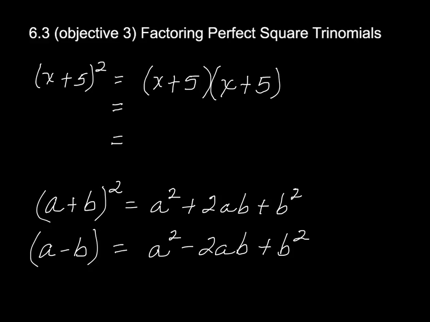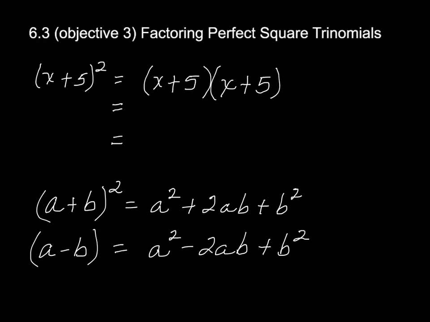So as a reminder, remember that if you square a binomial, we talked about this in chapter 5, such as x plus 5 quantity squared, what it really means is to square x plus 5, meaning x plus 5 times x plus 5.